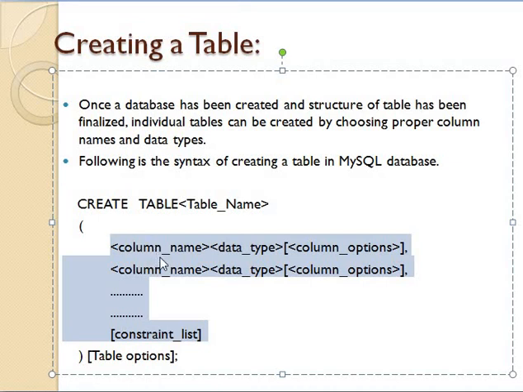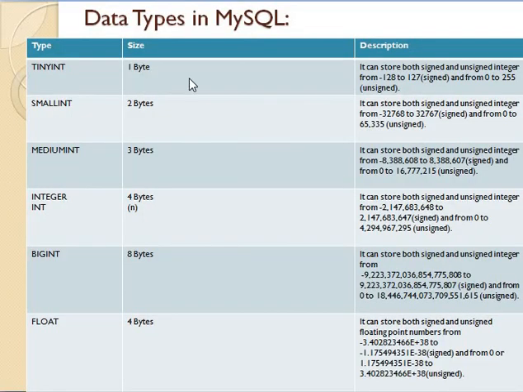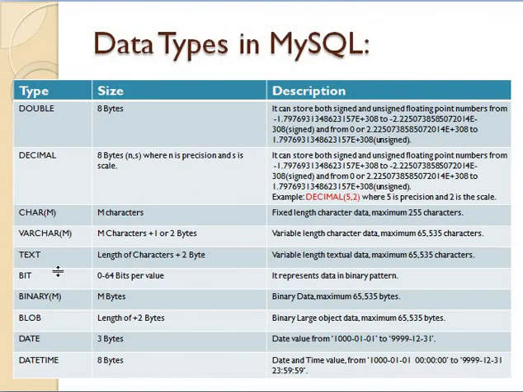Now the type of values that a particular column shall hold shall be defined by its data type. These were the list of data types that I have explained to you in my earlier presentation.